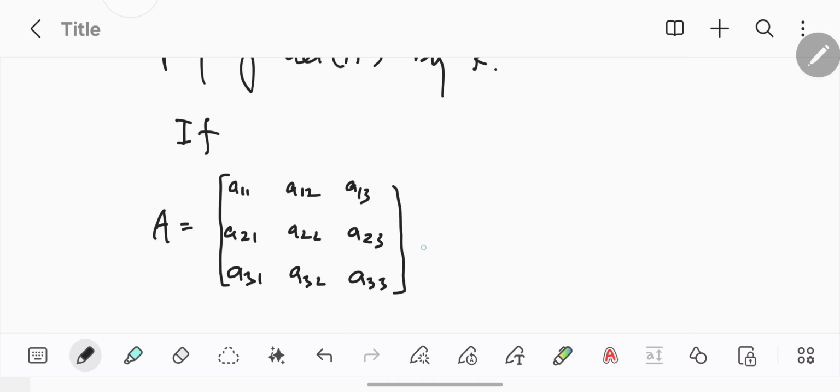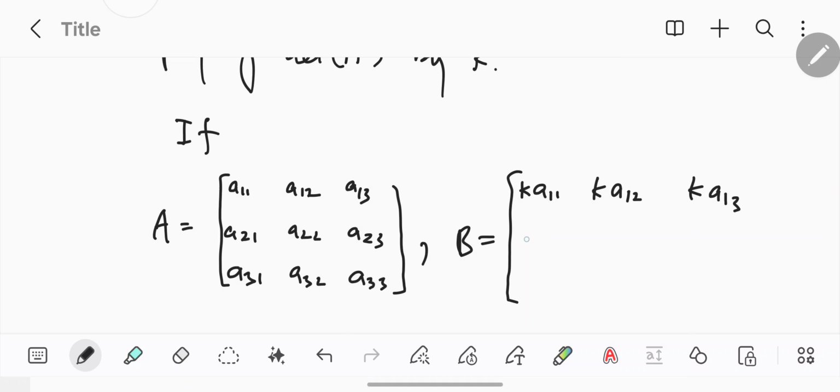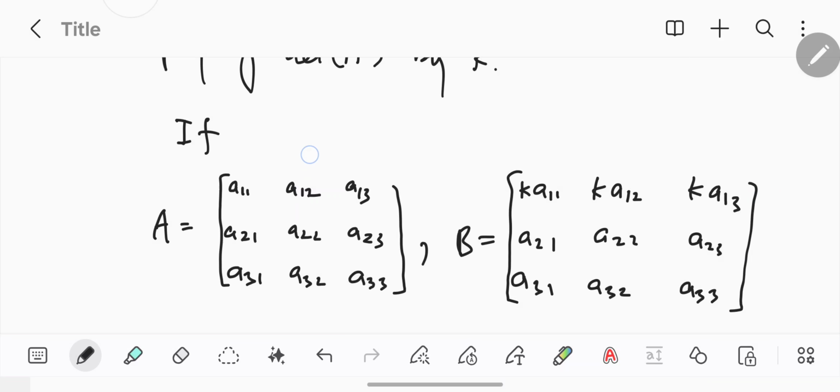So, for example, the new matrix B is obtained by multiplying the first row by k and the other rows are the same. So this is the original matrix, this is the new matrix.